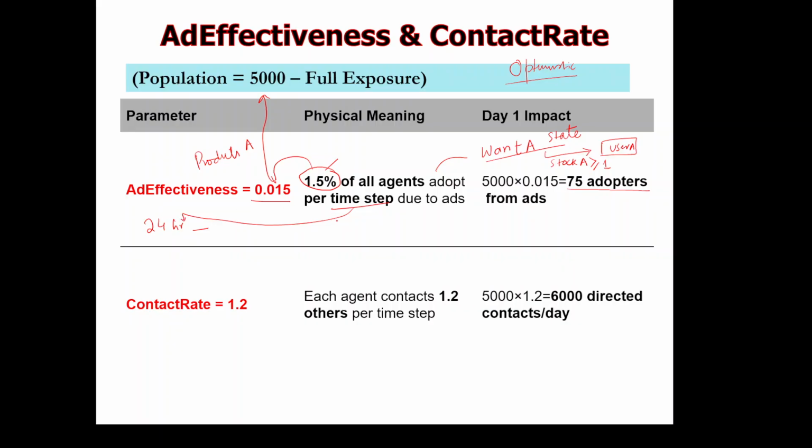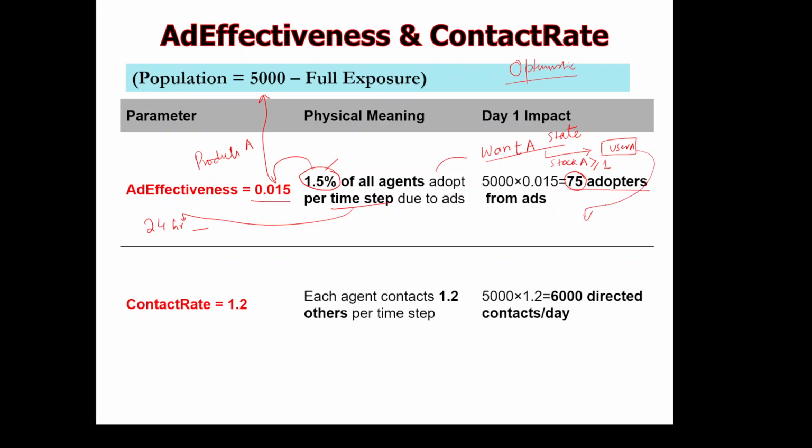So during the course of 1 day these 75 potential users will become adopters, and they will straight away move from want A to user A state.